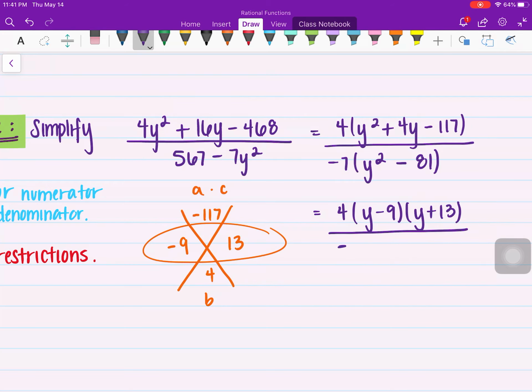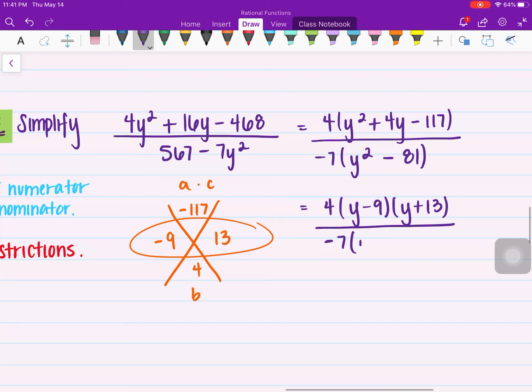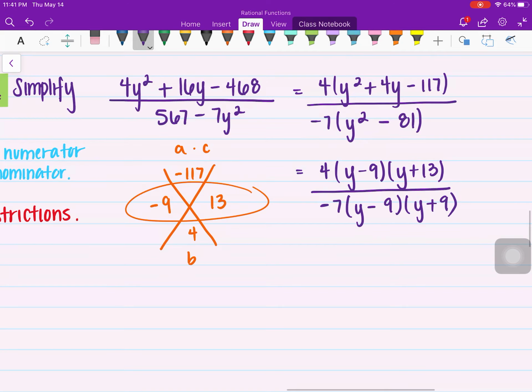And now moving on to the denominator here, we have a negative 7. Now y squared minus 81 is a difference of squares, which says that we should have factors of y minus 9 and y plus 9. So from here, you guys can identify which ones are going to be our common factors.